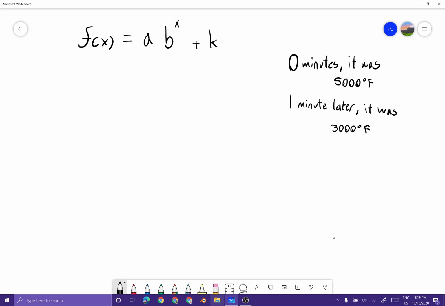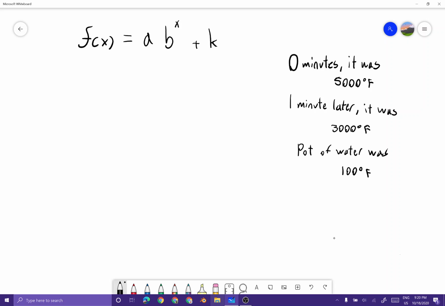The pot of water was 100 degrees Fahrenheit. Just pretend that for whatever reason it's 100 degrees Fahrenheit at room temperature, which means room temperature is 100 degrees Fahrenheit because someone is cold or something. I don't know. Not a good excuse.